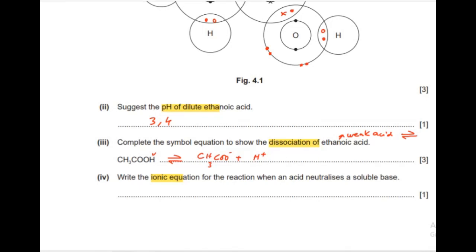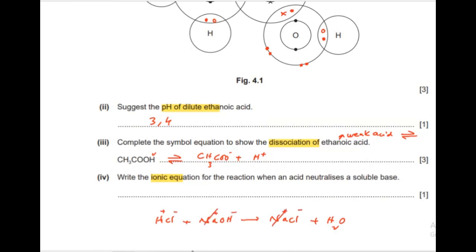Write the ionic equation for the reaction when an acid neutralizes soluble bases. Actually, whenever you have any acid, like HCl, if it reacts with sodium hydroxide, you will get two products, sodium chloride plus H2O. So you can skip the spectator ions.